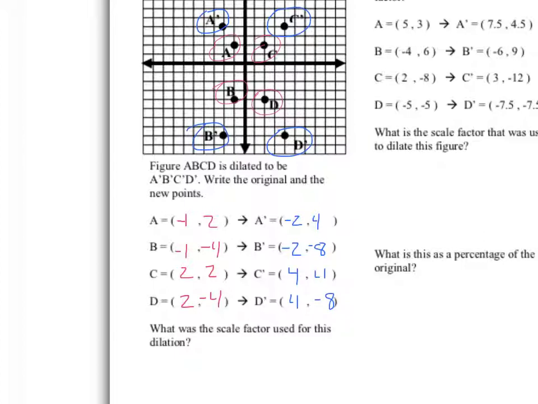So I have all of my points. Now, I need to determine what the scale factor was that was used to dilate this object. How can we figure this out?